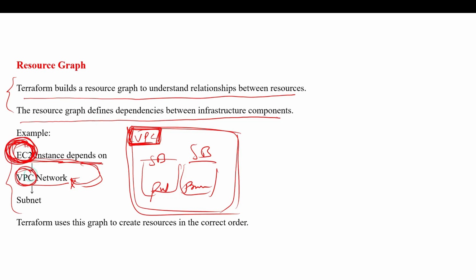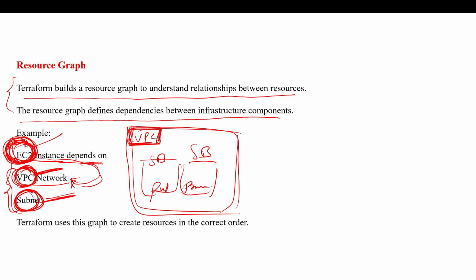We should have a VPC in place, and we should have a subnet in place. Once these two components, VPC and subnet, are in place, only then can you create the EC2. So if you are going to create the EC2 machine, Terraform understands the dependencies. Terraform will expect a VPC in place and a subnet in place.